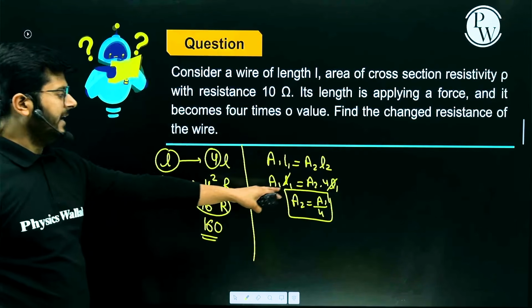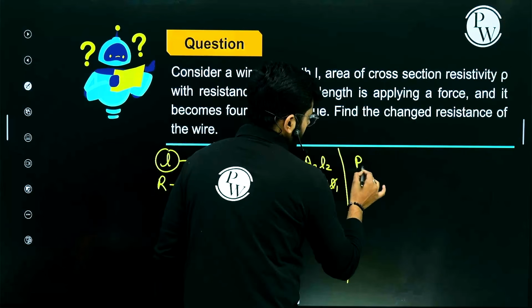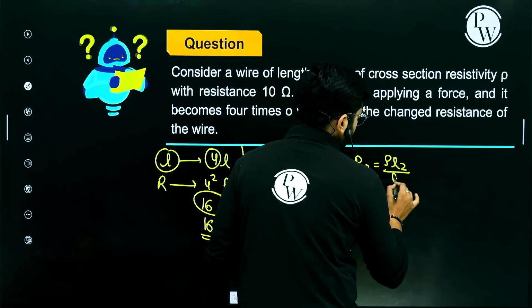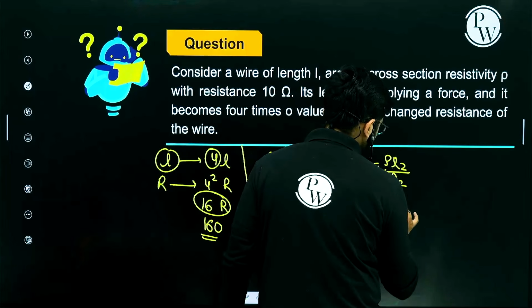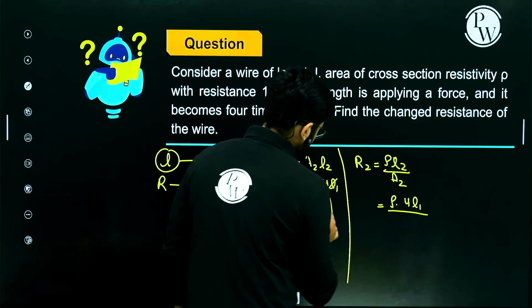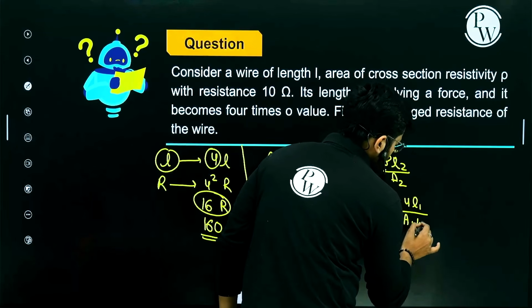And when the area is A1 by 4, what will happen to the resistance? R2 is rho L2 upon A2. L2 is 4 times L1 and A2 is A1 by 4. The 4 will go up.